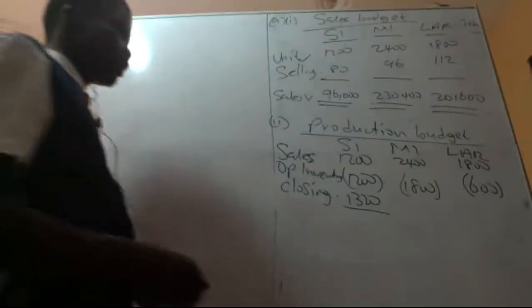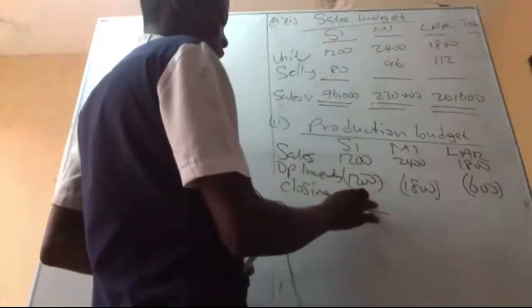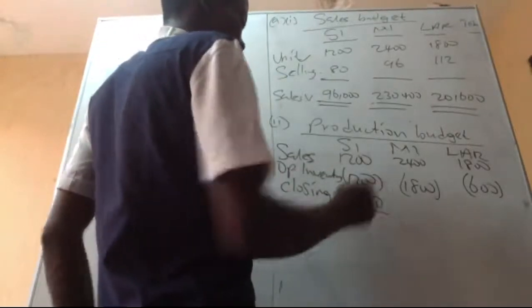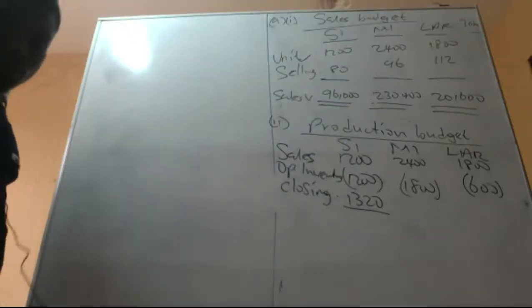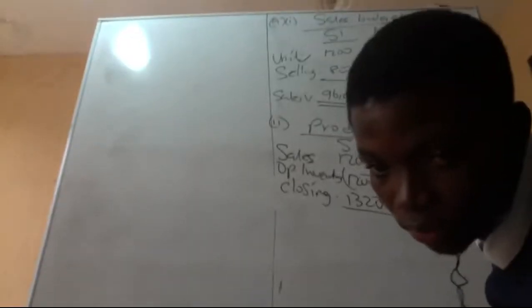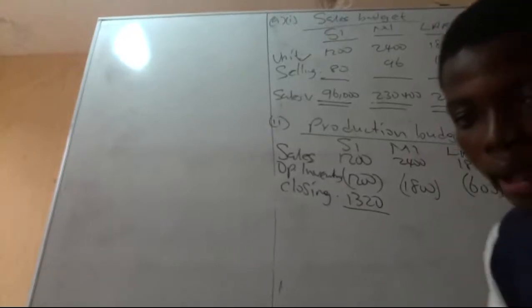Then what's the closing inventory for MI and then LA? Can you get it for me? Oh, okay, you don't have the hard copy of this. Wow. So it means that it should be turning your screen. Okay, so someone said that.